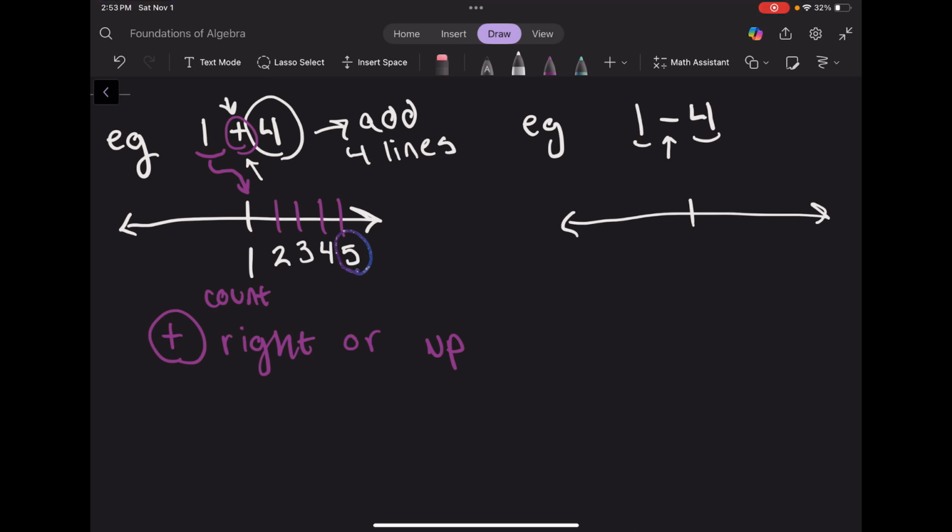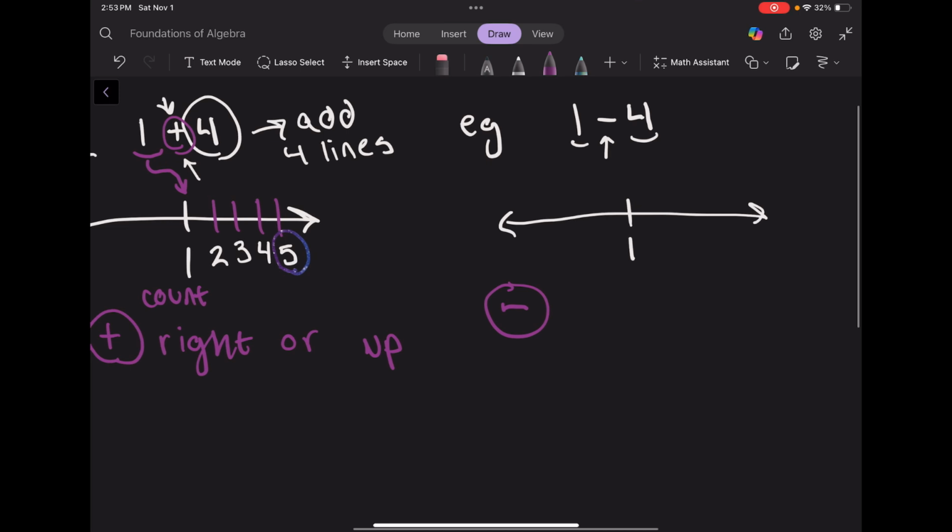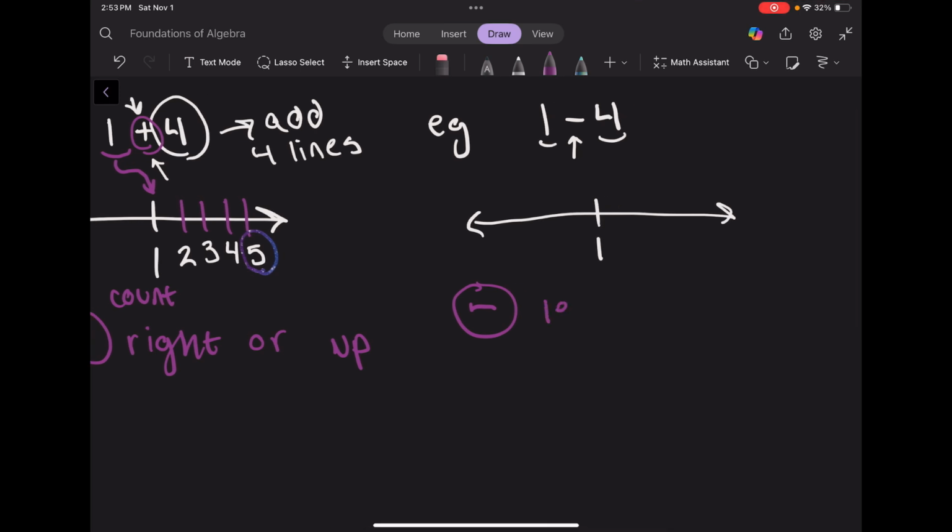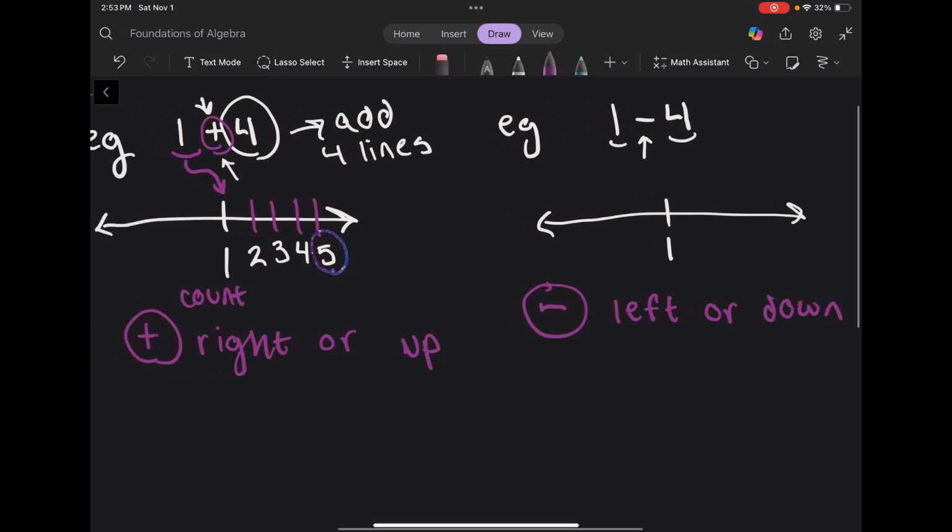So I'm going to put this 1 right here. And then unlike addition, where we move to the right or we move up, right? Subtraction means we're going to move left or down, whatever way you prefer of seeing it.